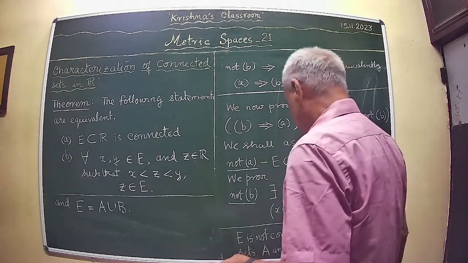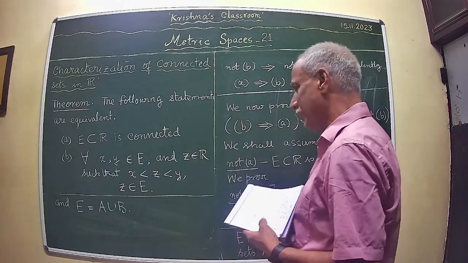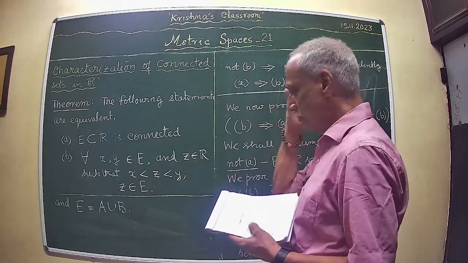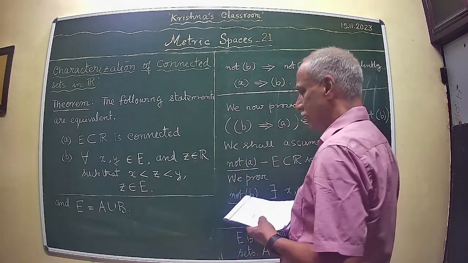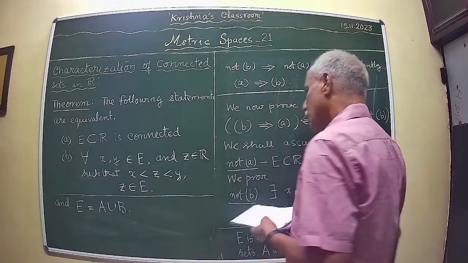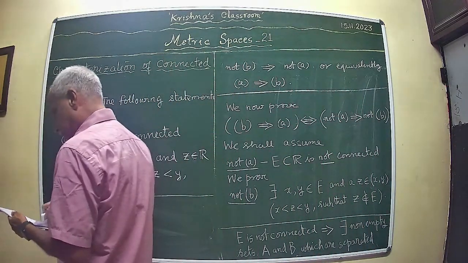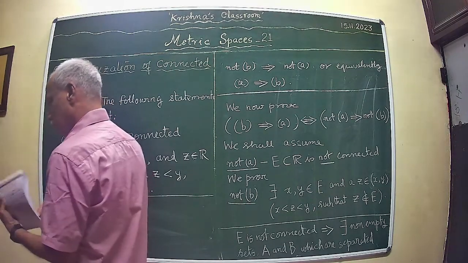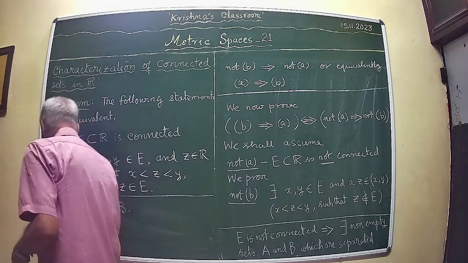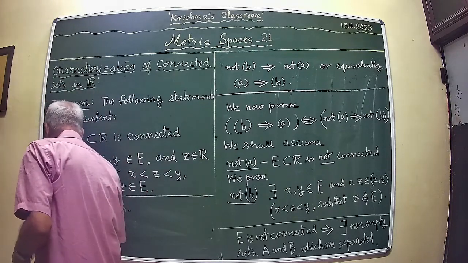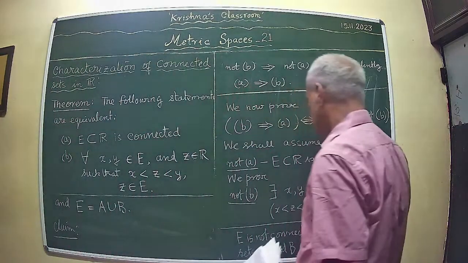Therefore, E is given, and for the given E, you have two non-empty separated sets A and B whose union is equal to E. So what we claim is, this is the assumption.